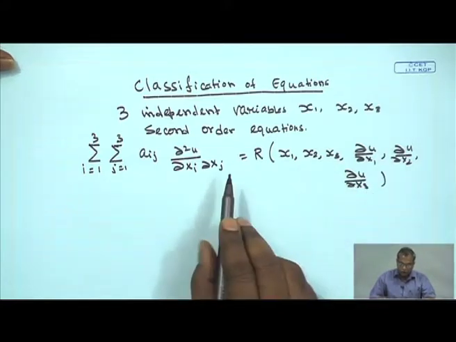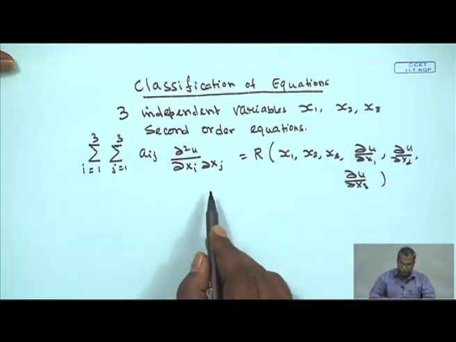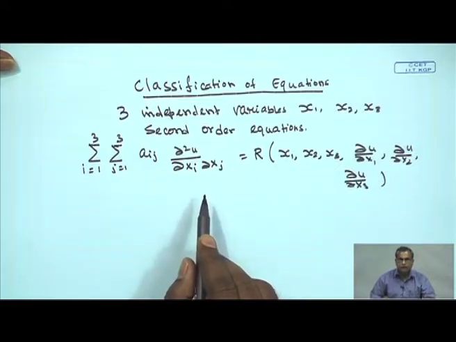So, all the typical second order equations can be represented in this particular form. Now, let us write the details on the left hand side. What is that? Nothing but the coefficients. We expand the summation series and write down all coefficients of order 2 terms.